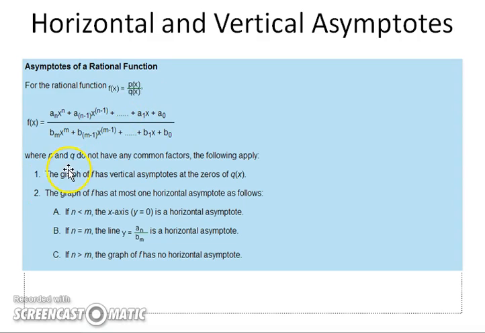And so you will have one or two, or sometimes no, vertical asymptotes, and those are the locations where they are going to be located. So the vertical asymptotes are found with the denominator. The numerator doesn't really have much to do with the vertical asymptotes, but the numerator does have something to do with the horizontal asymptotes.